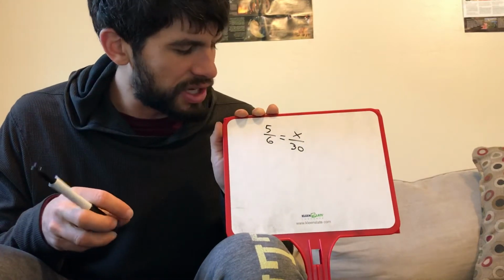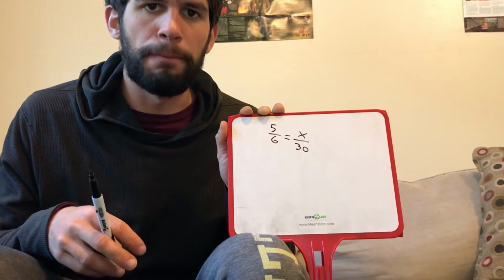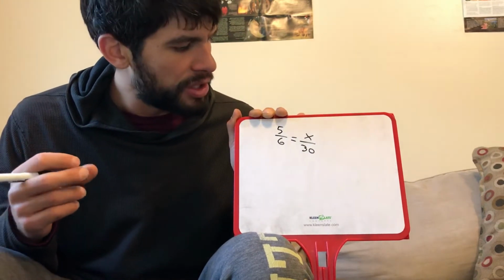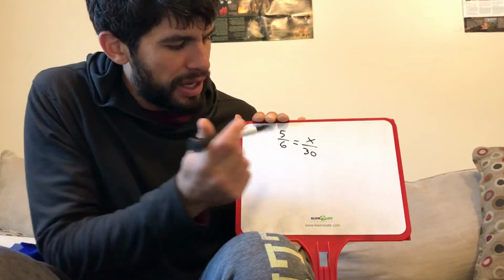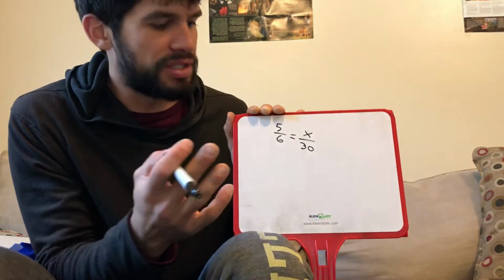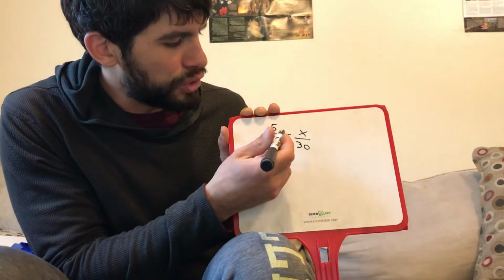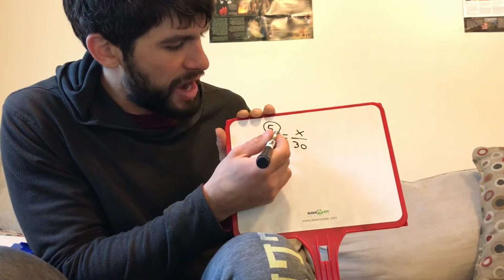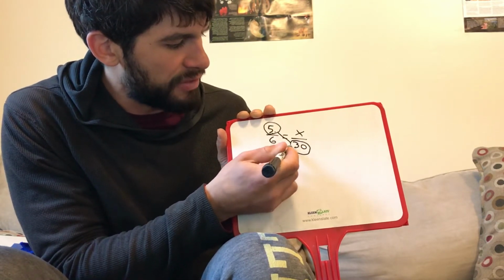In order to solve these proportions, we're going to use an algebraic trick, which is called cross-multiplying. In cross-multiplying, when you have two fractions or proportions equal to each other, we can multiply the numerator of one fraction by the denominator of the other.